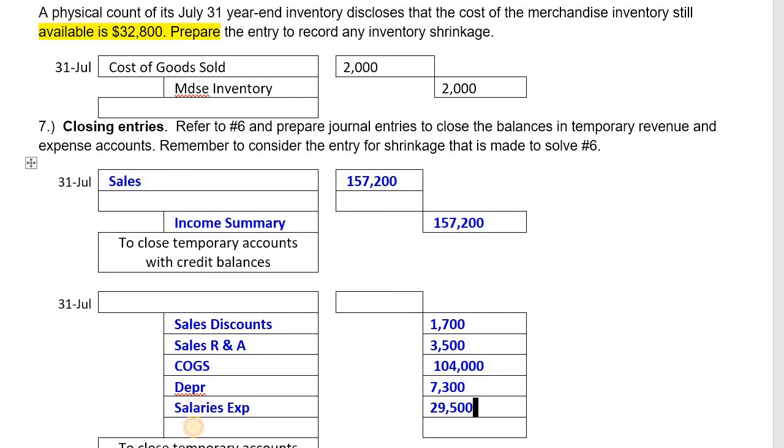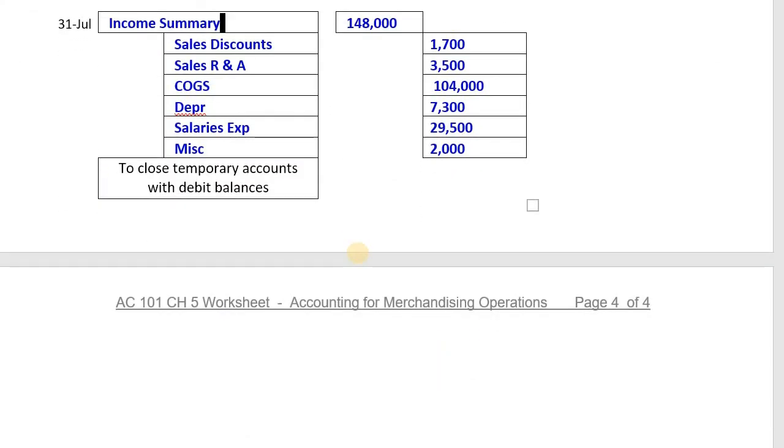And lastly, miscellaneous for 2,000. Okay, add them all up. We're going to get $148,000. And that's going to go to income summary again. And that's all we're asked to do.